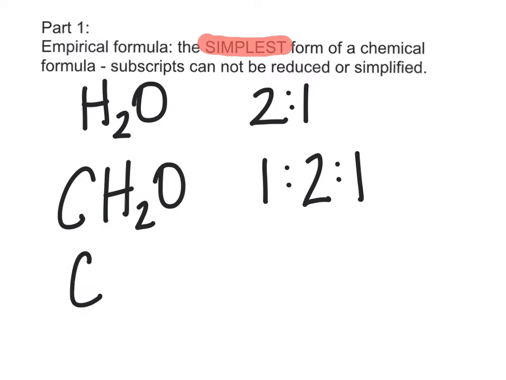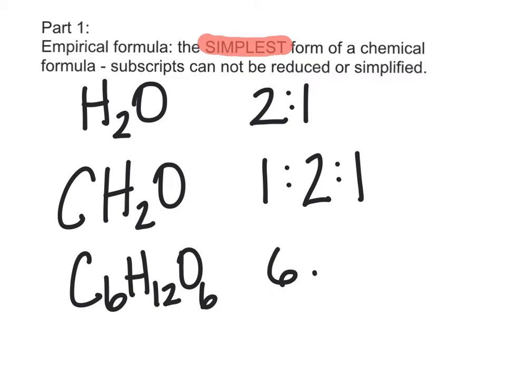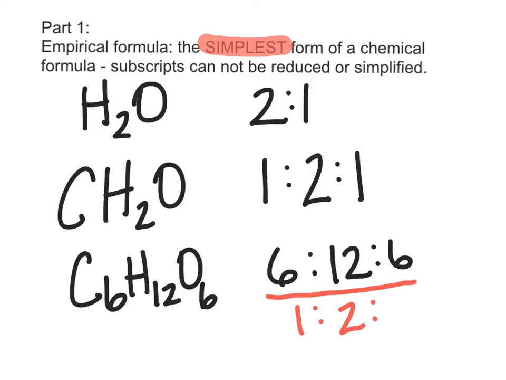Now let's look at this one, C6H12O6. This is glucose, as some of you might recognize. If we write down the ratio of that one, 6, 12, 6, we can tell right away that this is not a simplified form because we can reduce this, and we reduce it to 1, 2, 1, same as the one that came right before it.